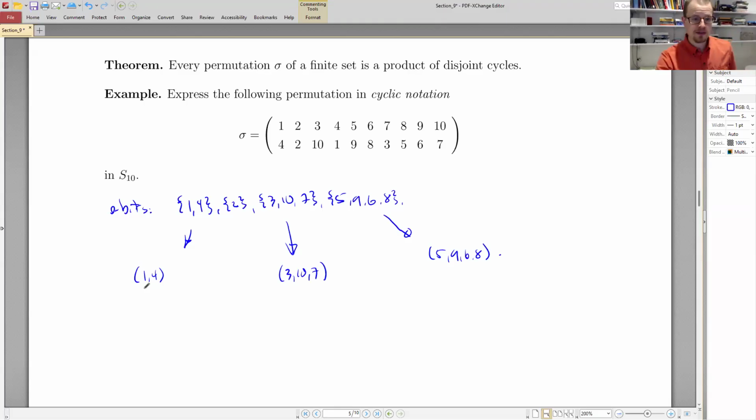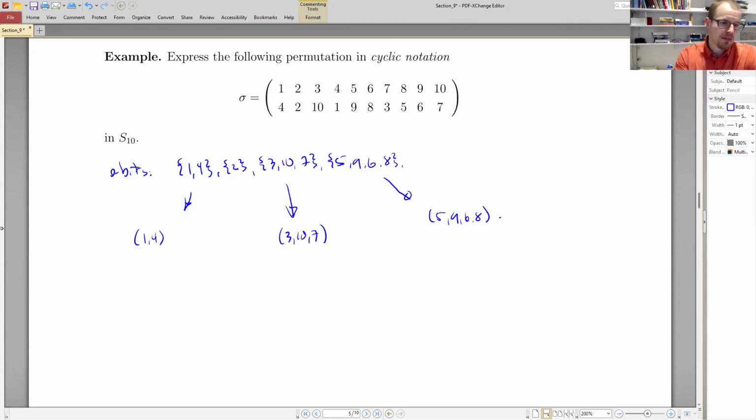Again, sigma takes 1 to 4, sigma takes 4 to 1, sigma takes 3 to 10, sigma takes 10 to 7, sigma takes 7 to 3, and so on. In set notation, order doesn't matter. We want it to matter, so we write it in this cyclic notation. Ordered collections here. Now, if I were to call this sigma 1, this sigma 2, and this sigma 3, we have definitions for each, no issue there.